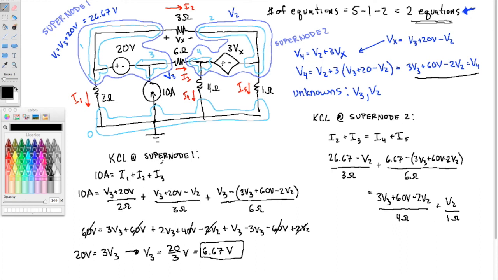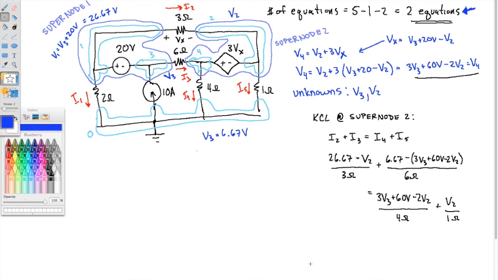Okay, I'm going to erase the supernode 1 and just kind of keep the result. The result was that V3 was 6.67 volts. Okay, so let me erase this, give us some more space. Alright, the common denominator here is 6. No, common denominator is 12, unfortunately.